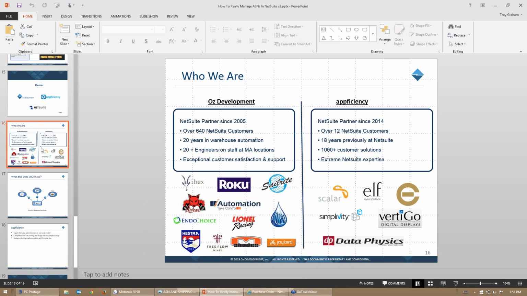We're active NetSuite administrators, active NetSuite project consultants, as well as active NetSuite integrators to the NetSuite partner ecosystem, as well as NetSuite to your homegrown proprietary systems.